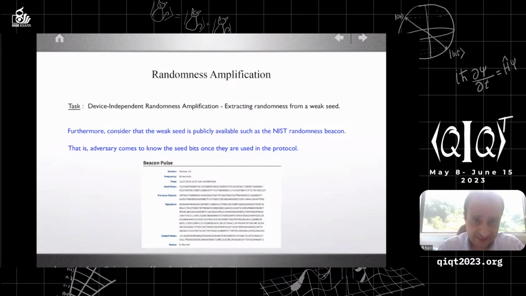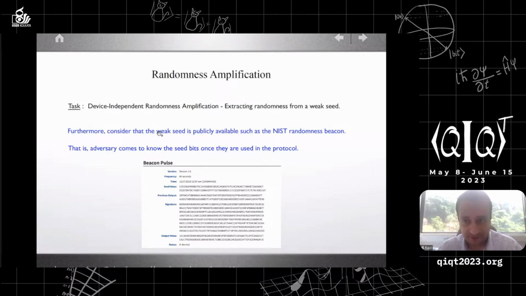So that's the task. The idea is to extract randomness from a single weak seed. In particular, we want the weak seed to be publicly available, which means that after this seed is used in the protocol, the adversary can come to know these seed bits.